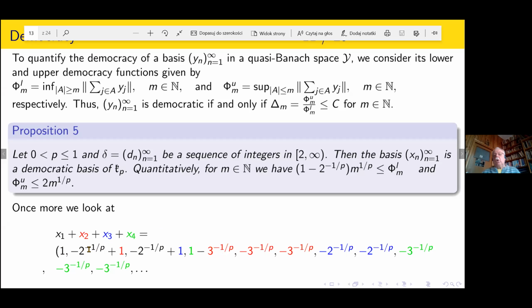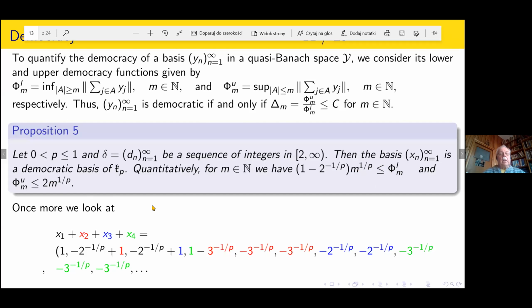So the norm of the whole sum is the number of those vectors times a constant to the power 1 over p. That's the proof of this estimate. The upper estimate is simply by the triangle inequality as far as it exists in p-Banach spaces. So this is pretty obvious.